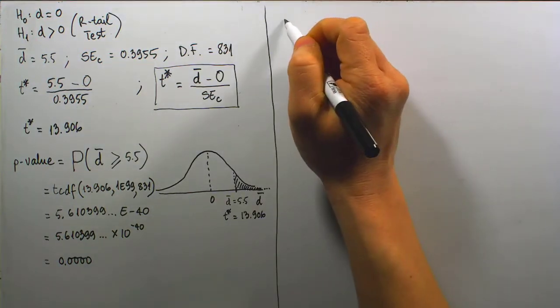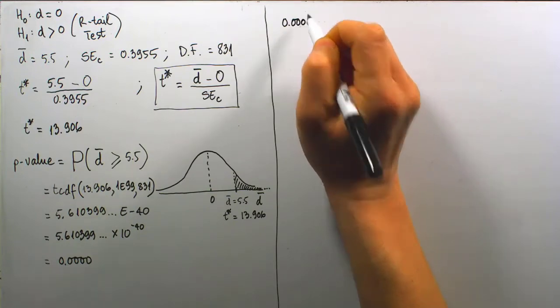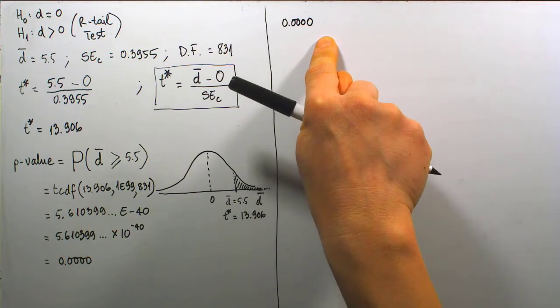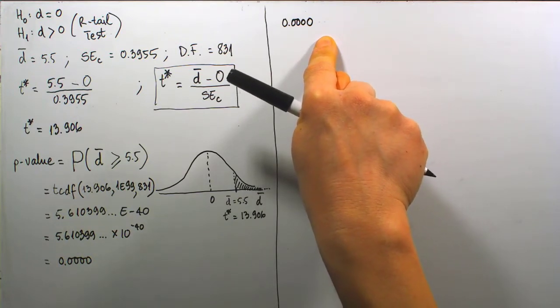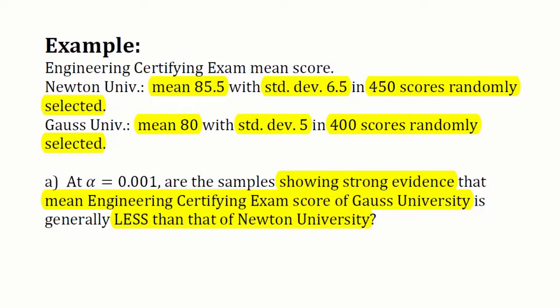Now that we have found our final p-value to be, in 4 decimal places, 0.0000, we want to compare this with the significance level given in the problem. So let's look back at the description of the example. In part A, we are given significance level being 0.001 because that's what it says right here: at significance level alpha equals 0.001.